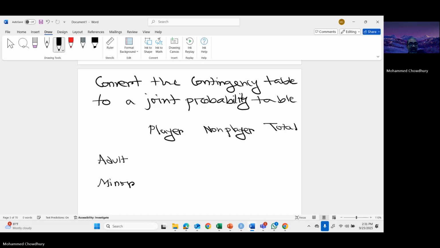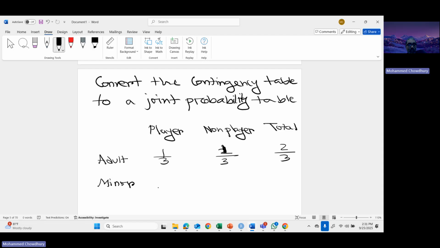So adult and player, how many? 100, right? So 100 over 300 equals 1 over 3. Adult total is 200, 200 over 300 equals 2 over 3. Non-player is 100. And this plus that equals 2 over 3.